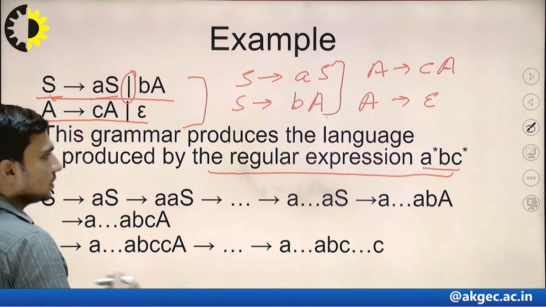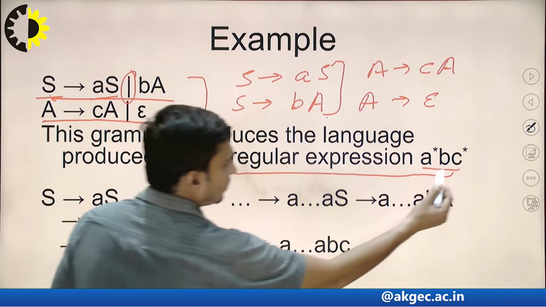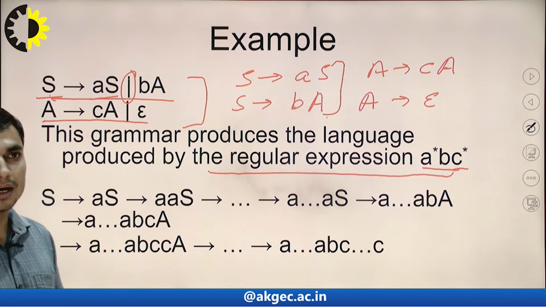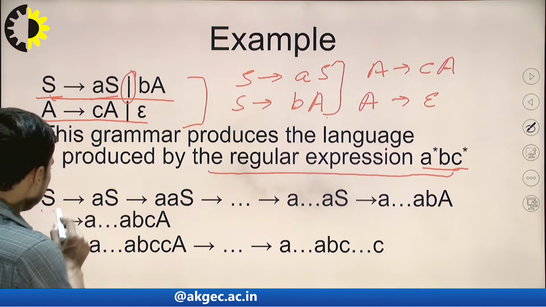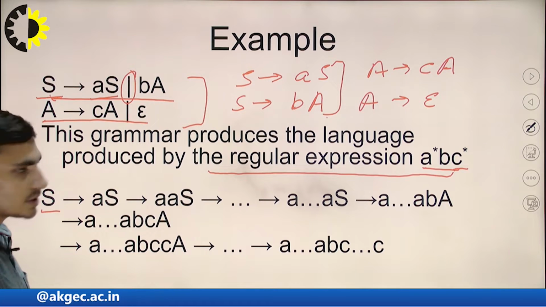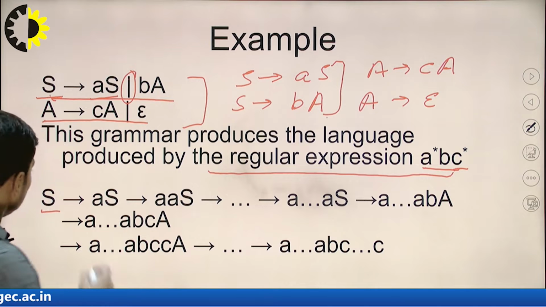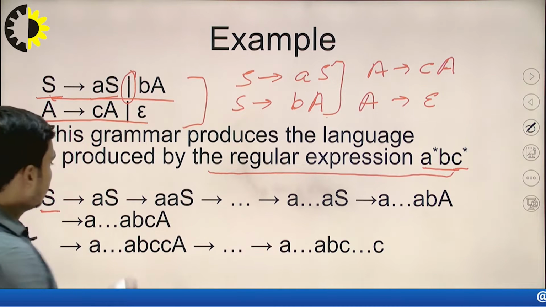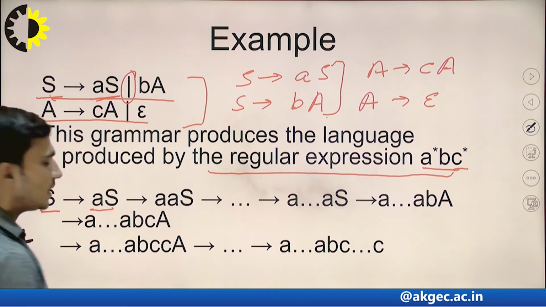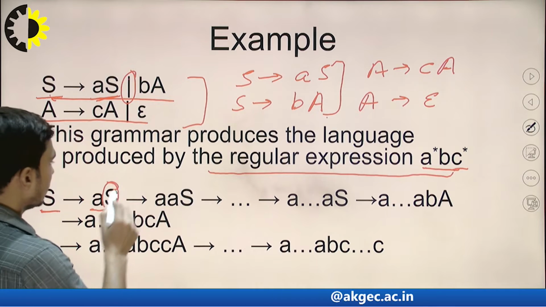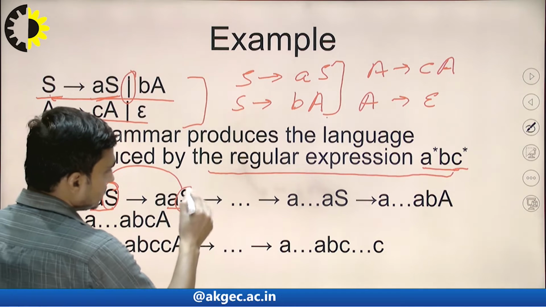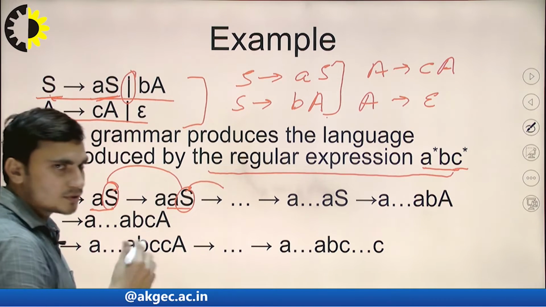Let us check whether we can derive this particular regular expression from this regular grammar or not. Always we have to start from the start symbol, or the start non-terminal. So we start from S, and S can be replaced by small a S. Now this S will be replaced by small a S again, and recursively this S will be replaced by so many small a S's.